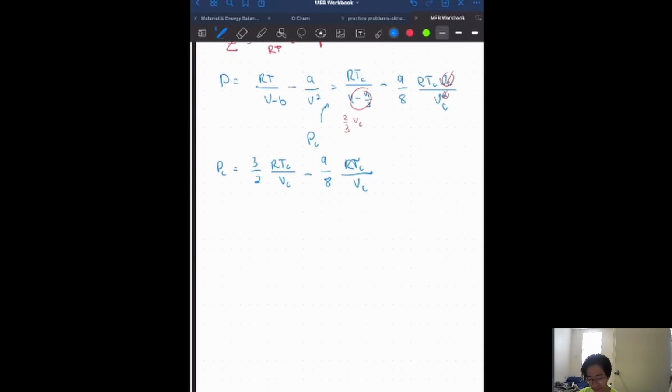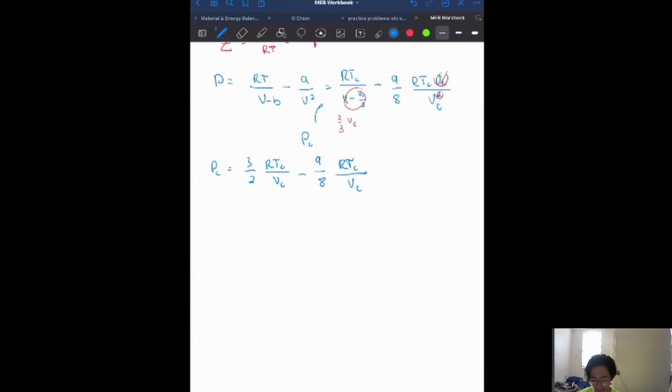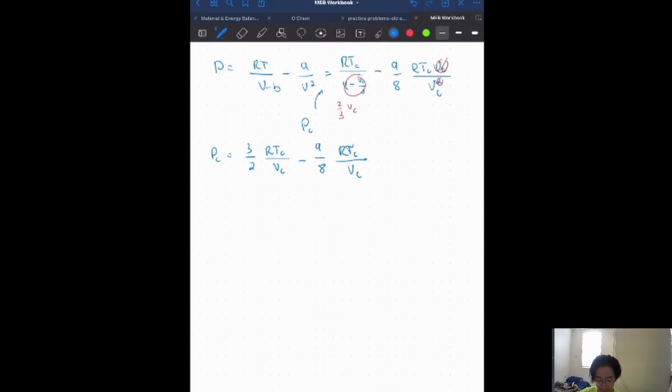We have like terms and two coefficients. We can factor out the RTC over VC, and get the two constants in a common denominator, which is 8. 3 times 4 is 12 minus 9 over 8.